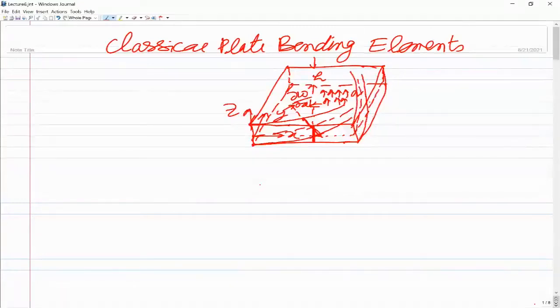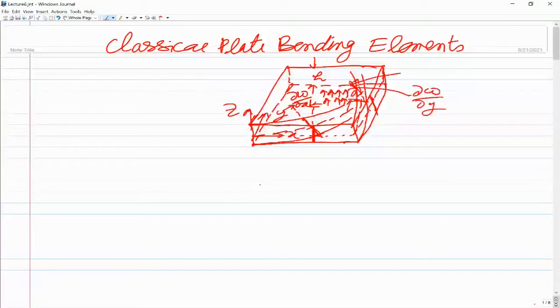We have a normal here, and that normal becomes like this. Again at this point, if you look at this angle, this would be del w by del y.